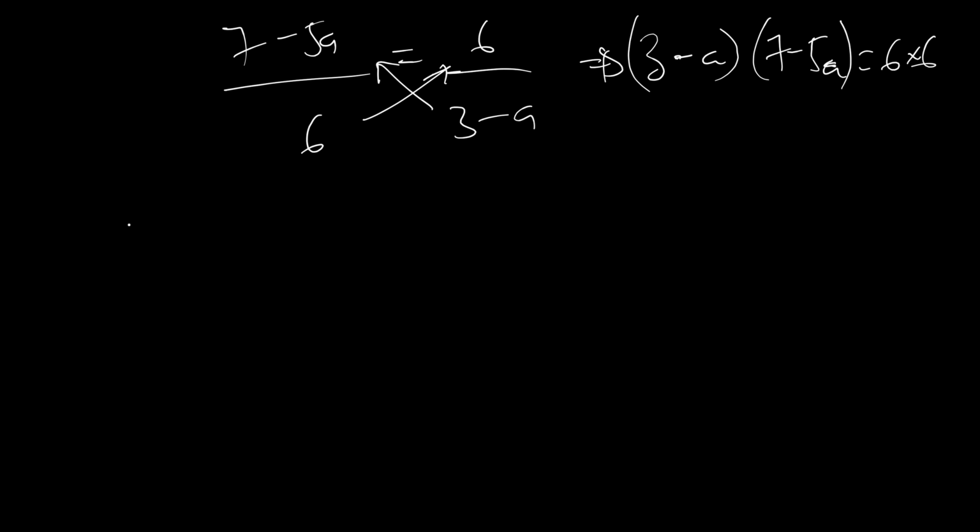So we have 3 minus a multiplying 7 minus 5a is equal to 36.